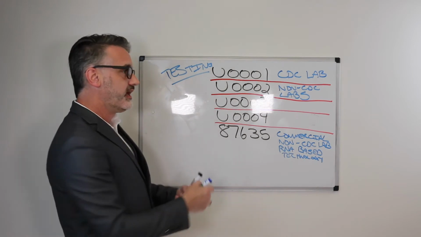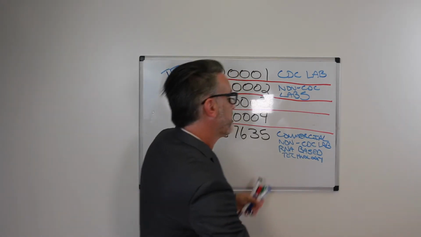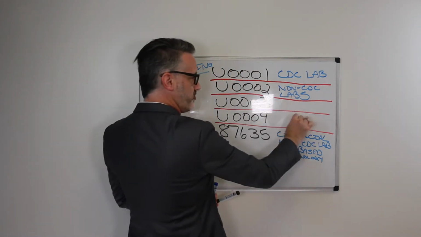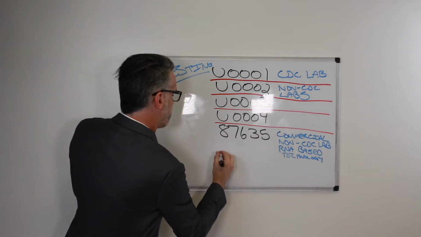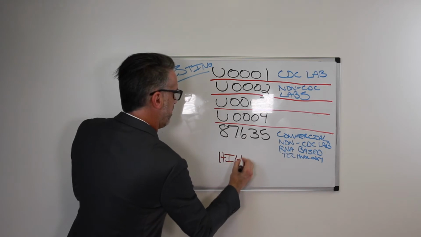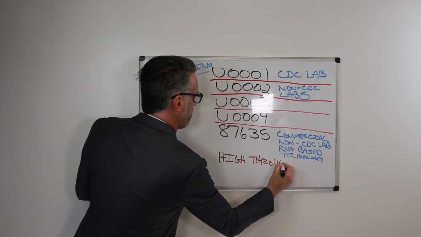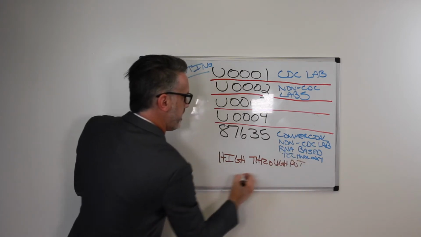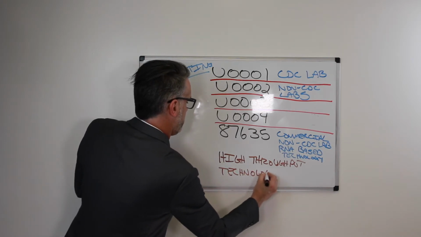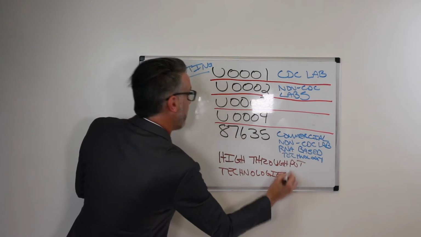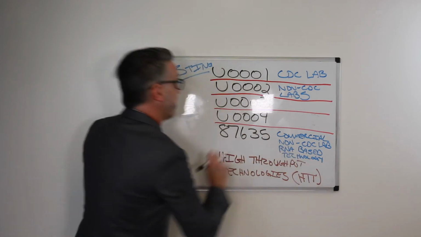I'm going to spell out high throughput technologies at the bottom so I'm not cramming it in a small space, and up here I'll place it as HTT to acronym it out.